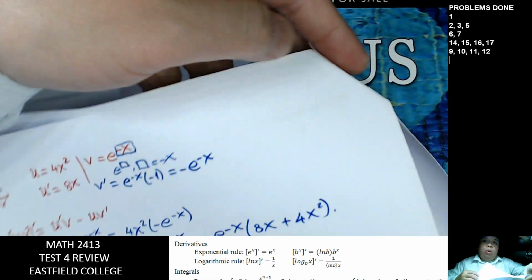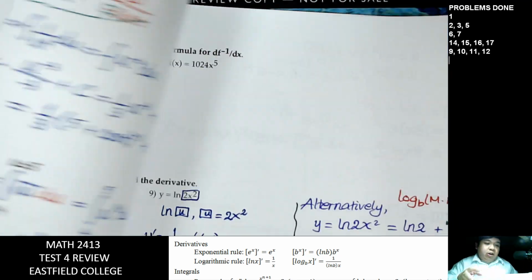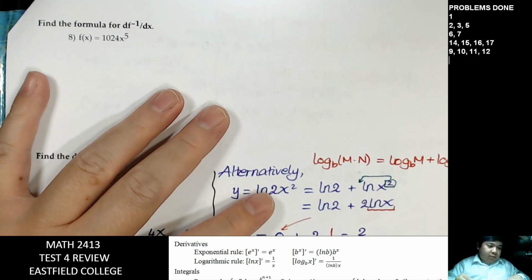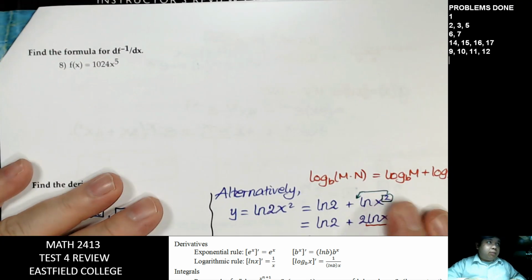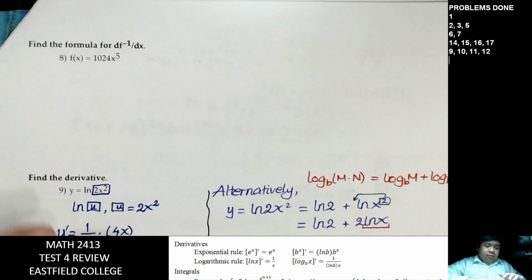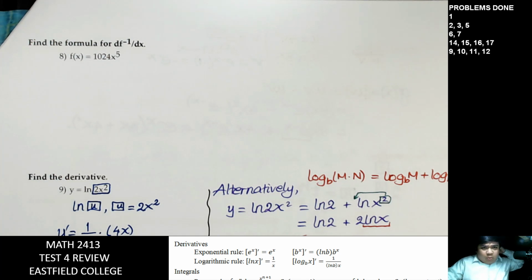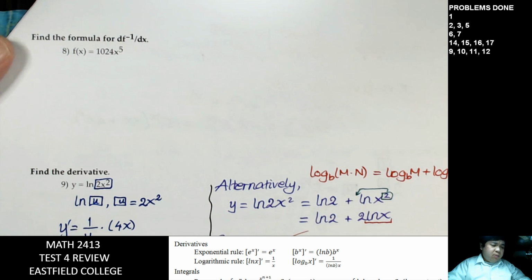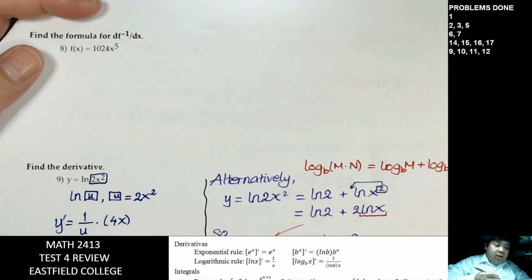And finally, we go to the inverse function theorem, or derivative of an inverse function. For this one, we will not have any special formula because it's better we just derive it from scratch.